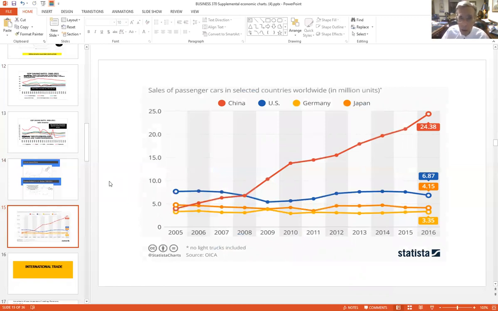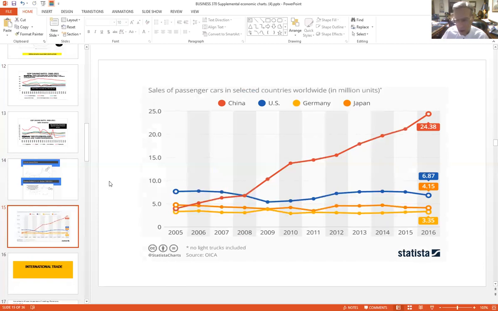It does not include trucks, light trucks like the Ford 150, the trucks that you and I might buy instead of buying a car in this country. That's a very large portion of the market in the United States. Not so in Europe.